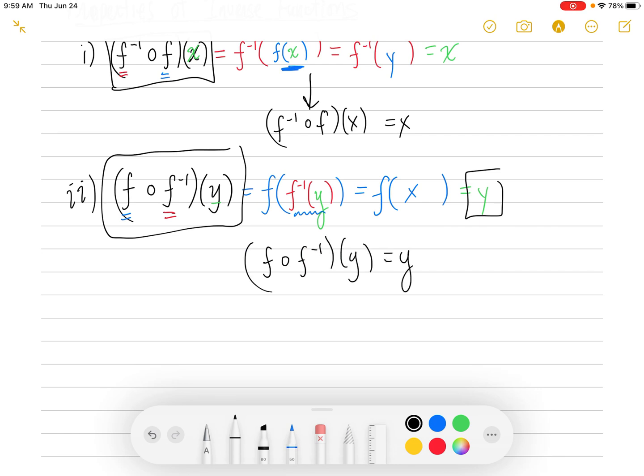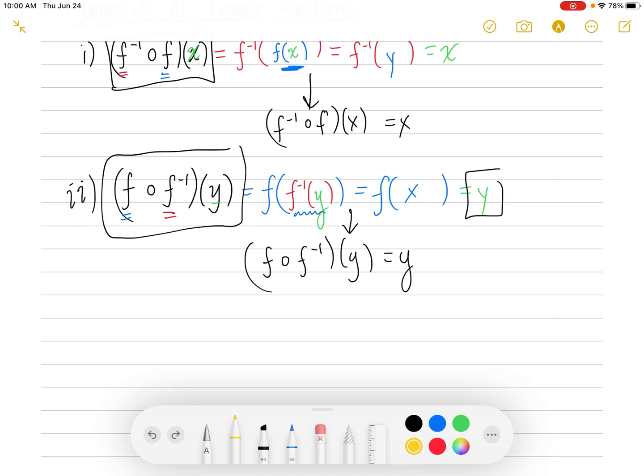If you pay attention to the beginning and the end, we have f composed with f inverse of y equals y. That's our second property. Notice the f and the f inverse are canceling out, and you're just getting y. So that's the second property of composition of functions with their inverses.